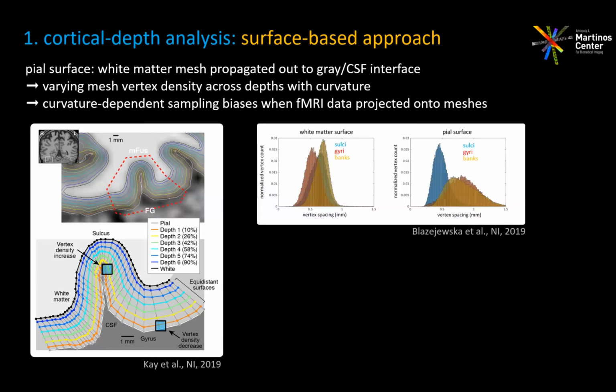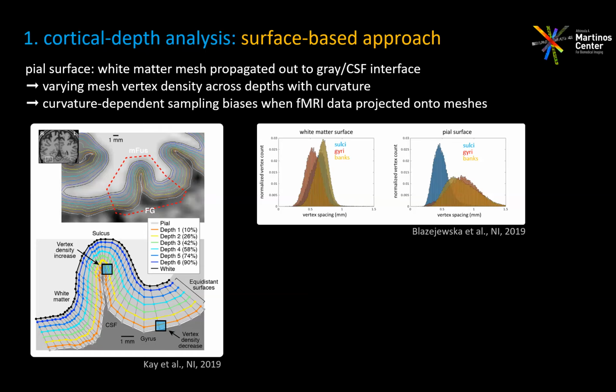So here's another example of this from my own data set. You can see on the left we have the white matter surface, on the right the PL surface, and these are the histograms. And I used 3 classes like Farouk advised. So we have gyri on the white matter having the smallest spacing, so highest density, right? And on the opposite, on the PL surface, we have sulci where the spacing is smaller.